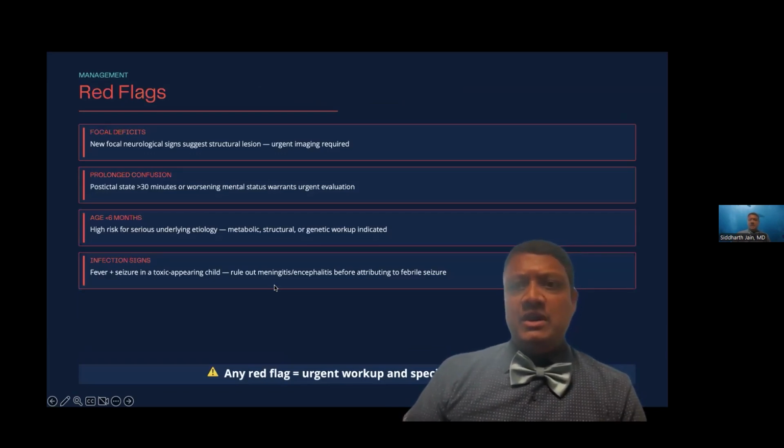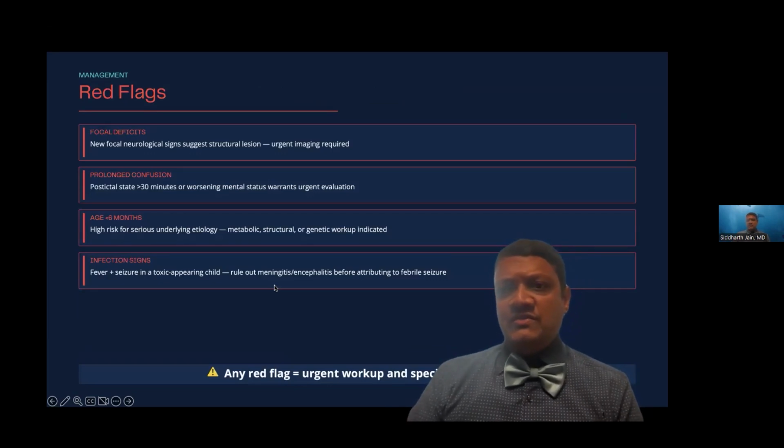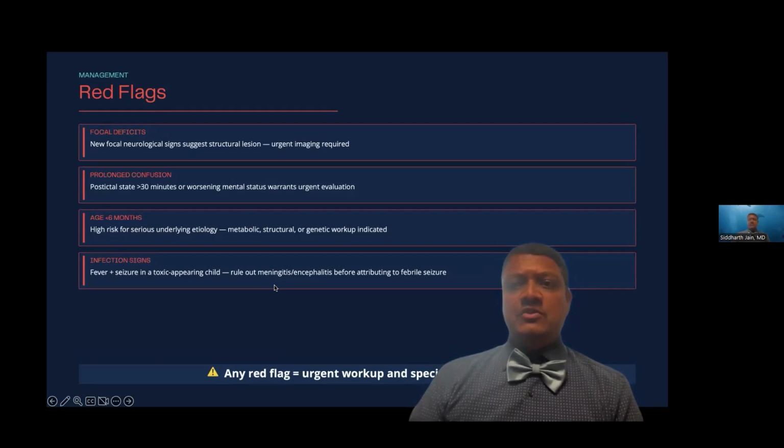Some of the red flag situations that require urgent evaluation, of course, are status epilepticus, seizures lasting more than 5 minutes, recurrent seizures without returning to baseline, focal neurological deficits persisting after a seizure, and a severe headache that persists after a seizure, especially associated with altered mental status or fever, again altered mental status beyond the expected post-ictal period.